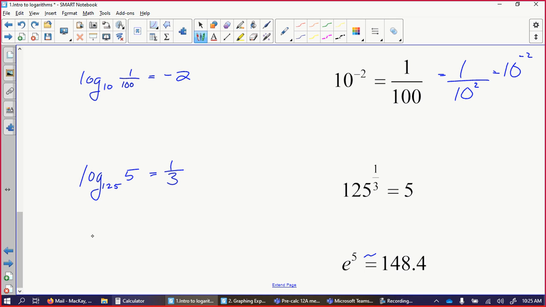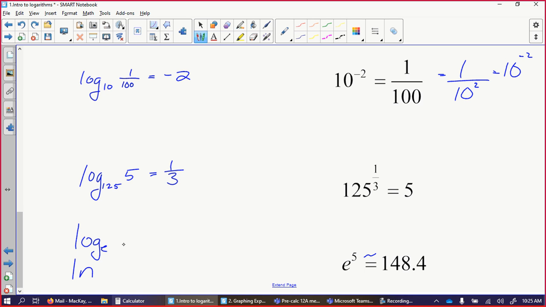Ooh, e. So now there's two schools of thought. I know some people who write that as log base e, and some people who write that as ln. Those are equivalent.